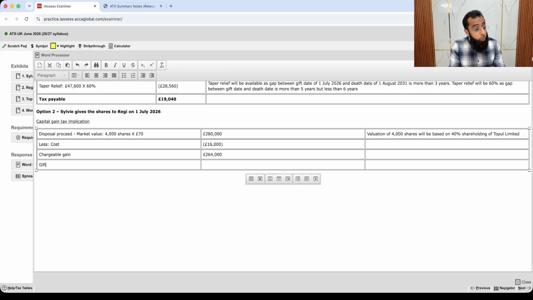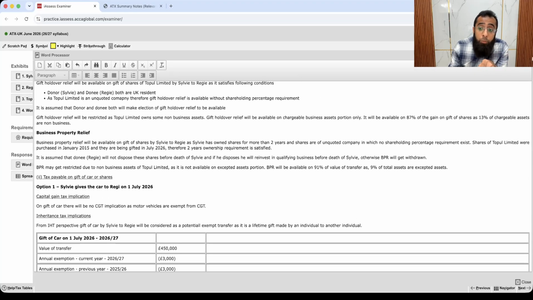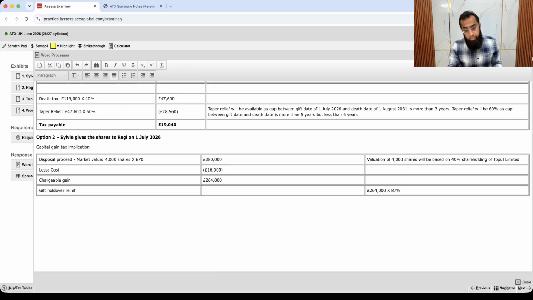Then comes gift holdover relief on the chargeable business asset portion, 264,000 into 87%. We already commented on it because 13% of the assets were non-business. So gift holdover relief was available on the 87% portion only. So 264,000 into 87% is 229,680.